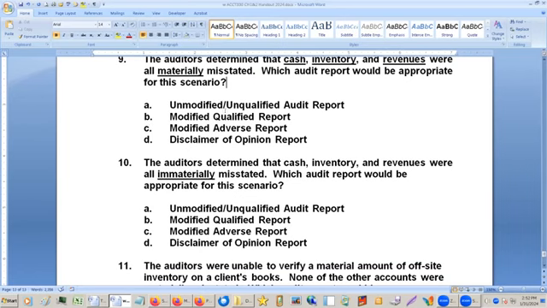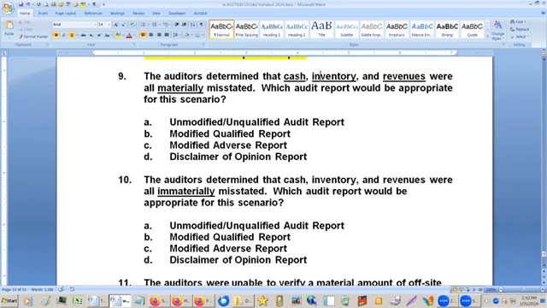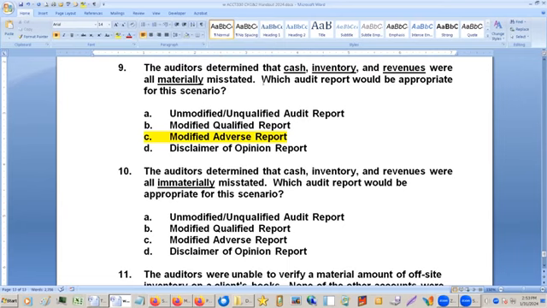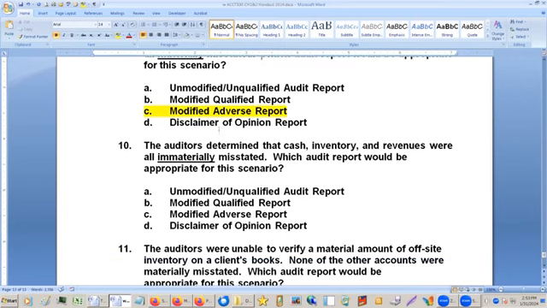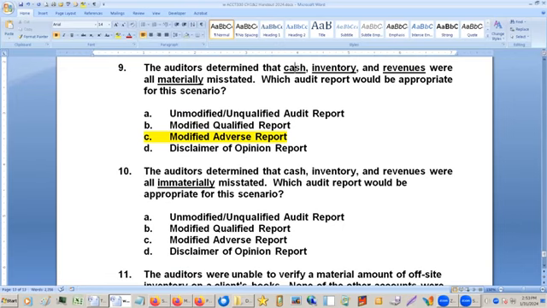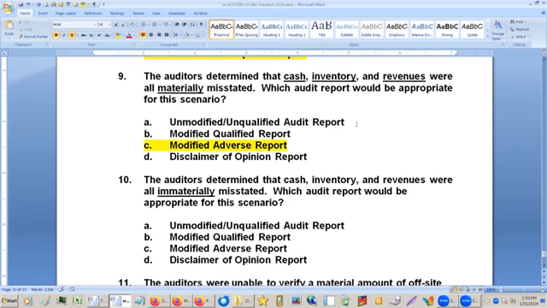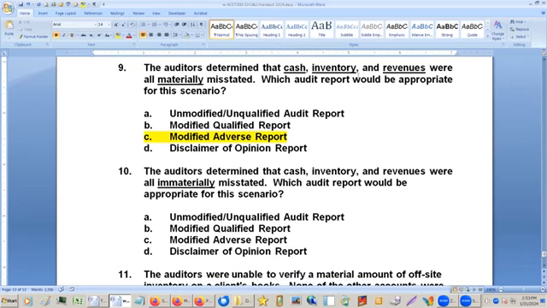It could be B, because this is the balance sheet stuff, and this is an income statement. Most likely it would be C. But it's possible as B. It depends on how pervasive it is. But because it's in several accounts, and one of them being cash, and then also revenues, it probably ends up with an adverse on that one. It's a judgment call, though. I didn't give you the dollar amounts or anything like that.